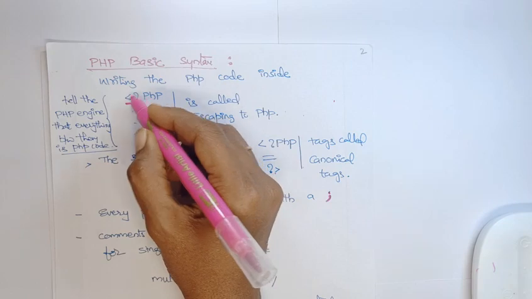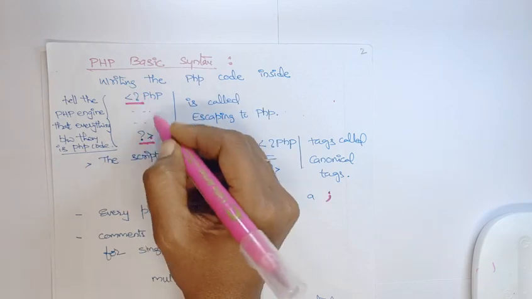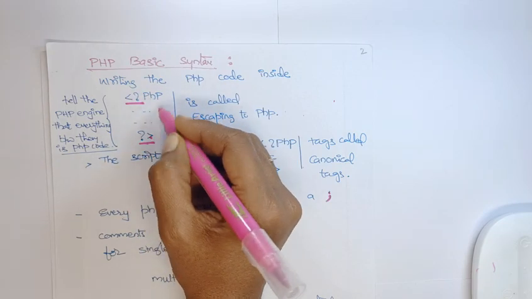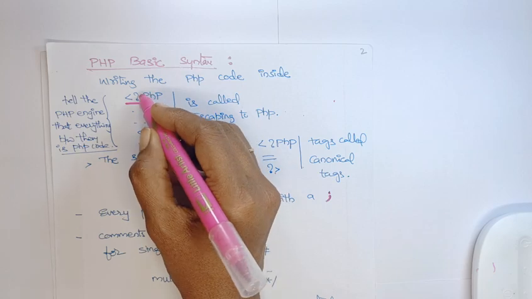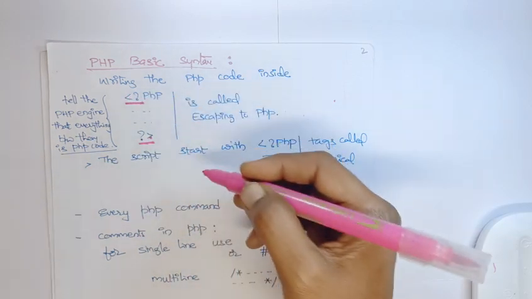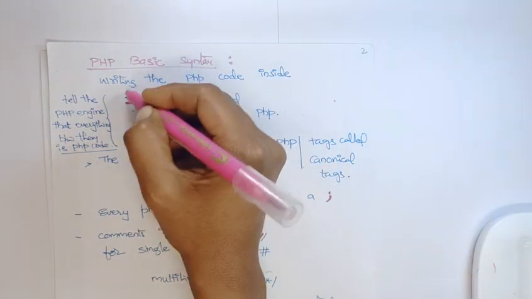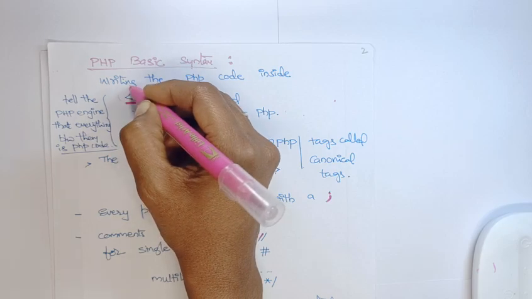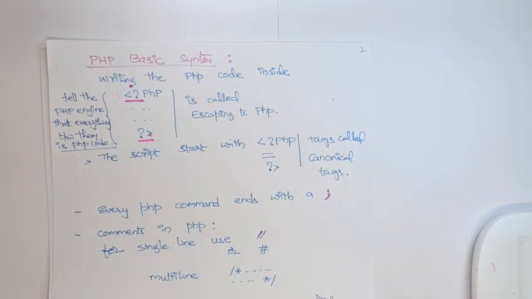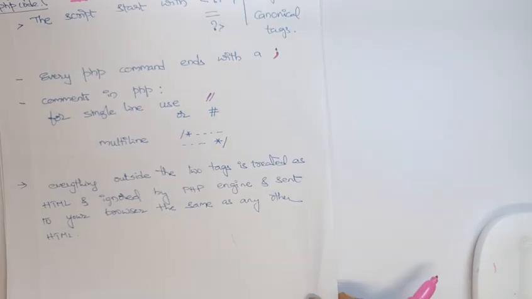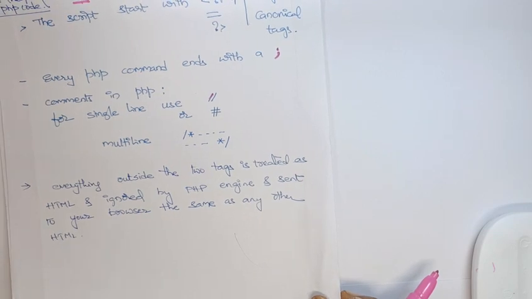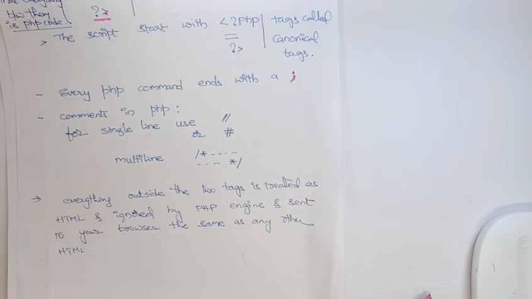So whatever code you write in these tags will be considered by the PHP engine. Whenever you write code outside of the tags, it will be ignored by the PHP engine and sent to your browser the same as any other HTML.